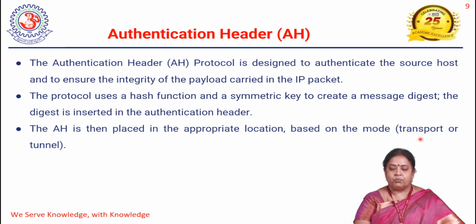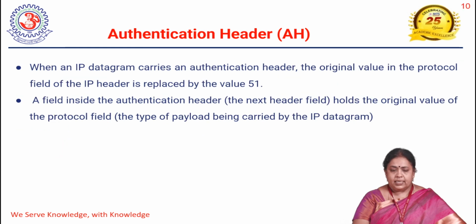Based on the mode, whether it is a transport mode or tunnel mode, the authentication header will be placed. When we see the packet, then we're going to understand. When an IP datagram, that is an IP packet, is going to carry the authentication header, then the value of the protocol field.